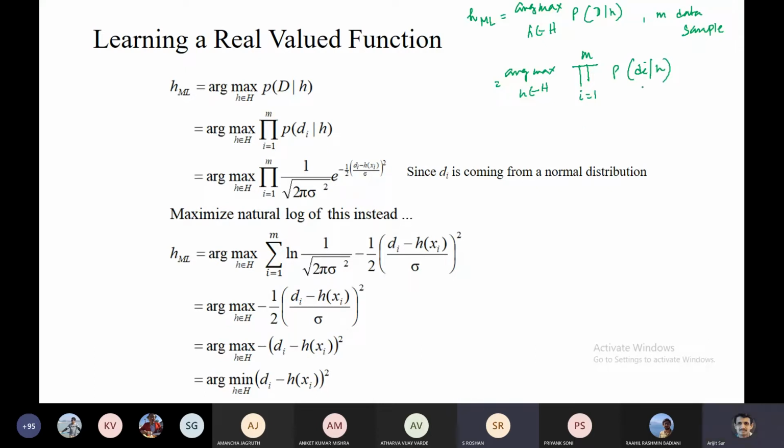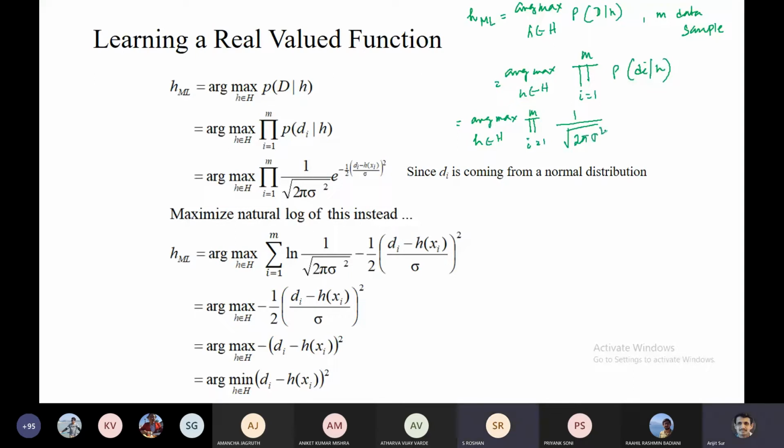Now what does this instance, this P(di), what do we write? Here we can write argmax over h belonging to H of the capital pi from 1 to m. Now what is this? It's a Gaussian distribution. It follows a Gaussian. So I write a Gaussian distribution: 1 by root over 2 pi sigma square, times e to the power minus of (di minus h of xi) by sigma square. These are the differences.